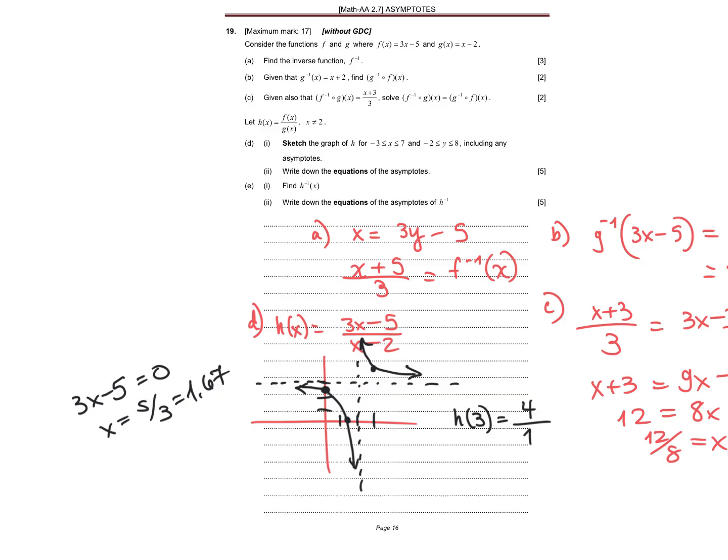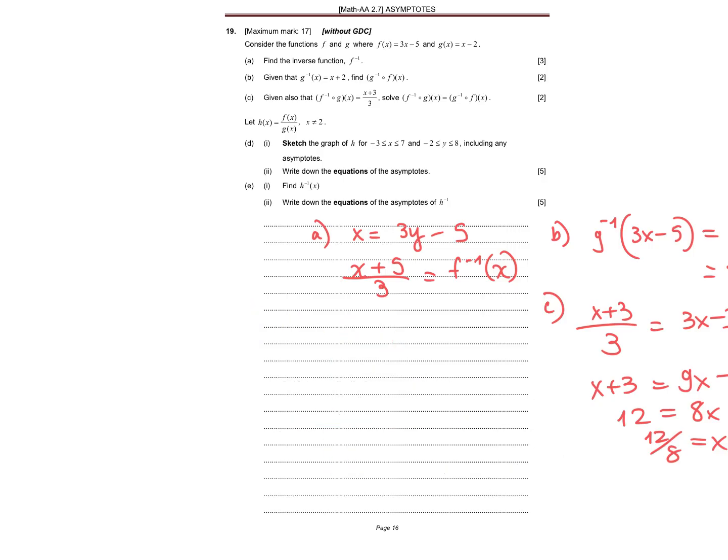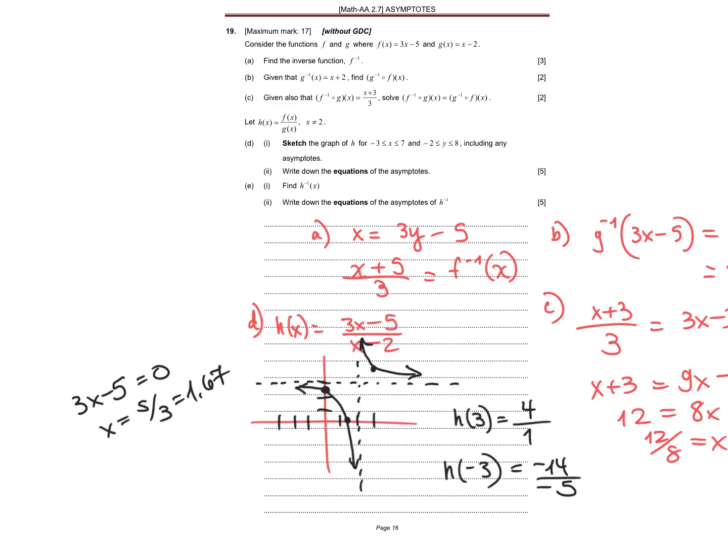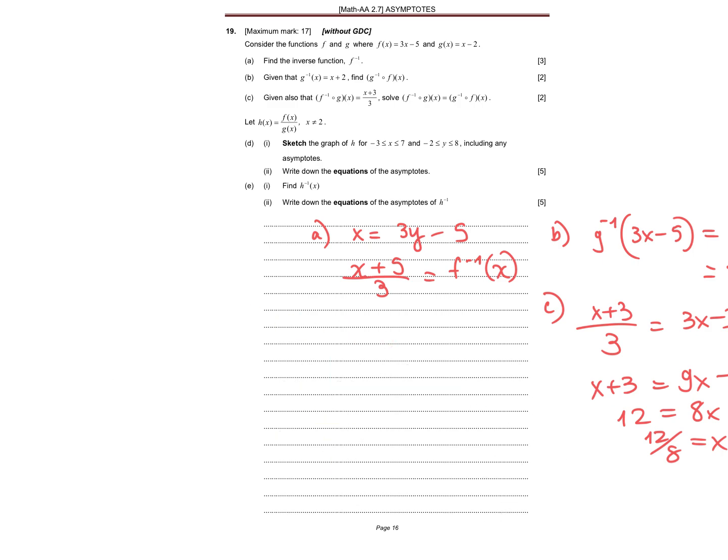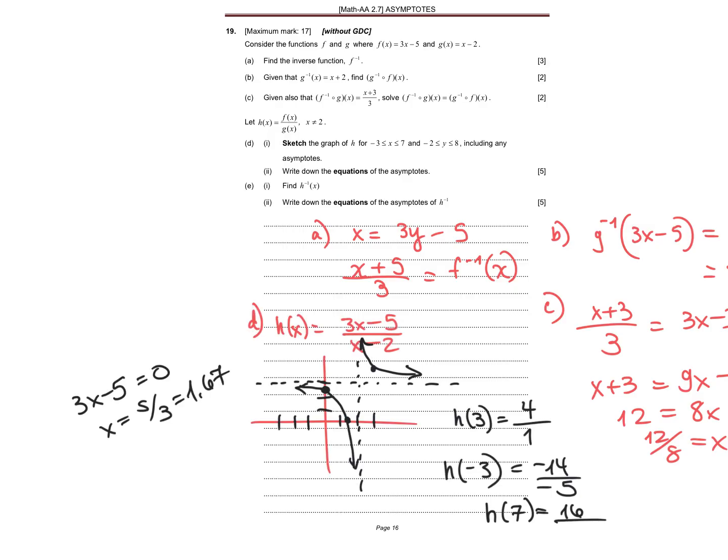and they want it from -3 to 7. Okay, so in this case, 1 to -3, you need to actually find out what h at -3 is, which is going to be -14/-5. And you need to find out what h at 7 is, which is 16/5.